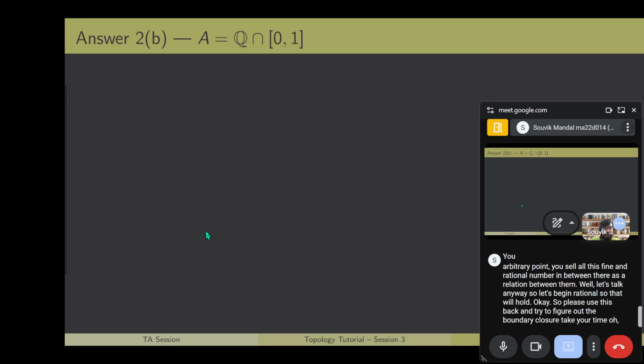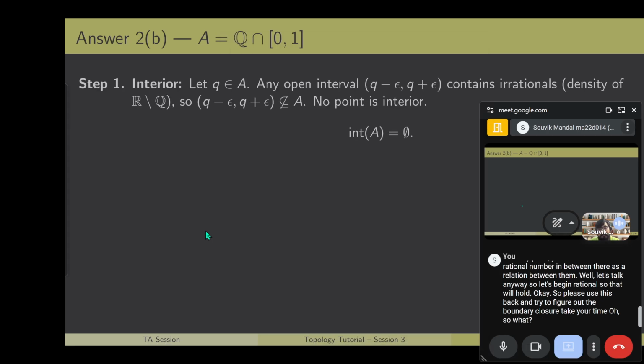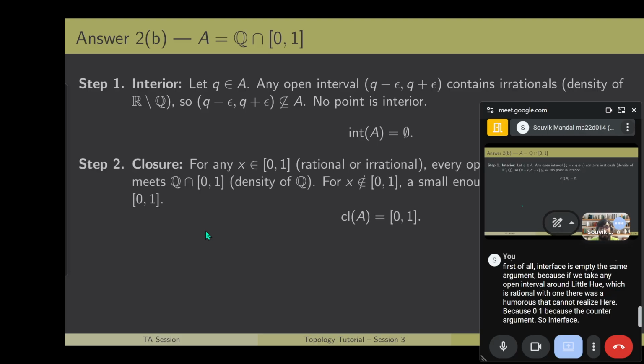So for 2b, the answer is as follows. First of all, the interior is empty, by the same argument: if we take an open interval around a rational q within (0, 1), then (q minus epsilon, q plus epsilon) cannot lie inside Q intersection (0, 1). So the interior is empty.